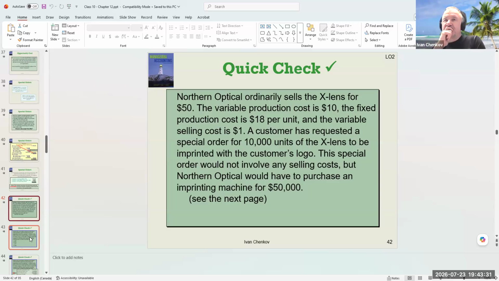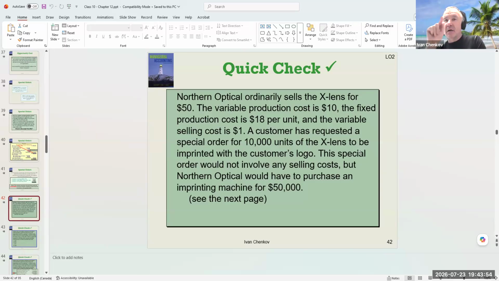A customer is coming to me and requesting 10,000 units. If I accept this order, selling cost is going to be eliminated. It's not involved, so this additional extra cost is gone. So what do I have to make sure that I cover? My variable production cost.